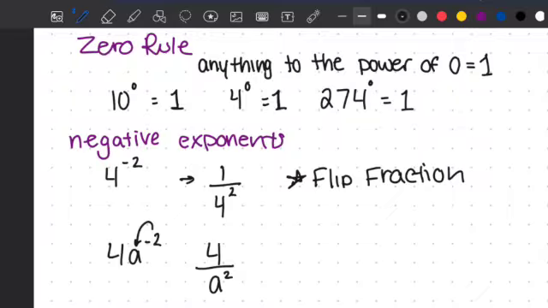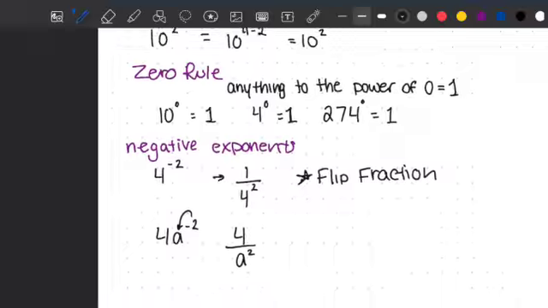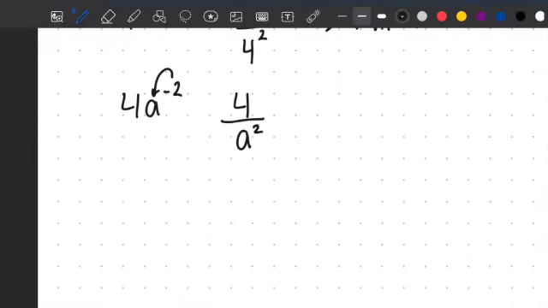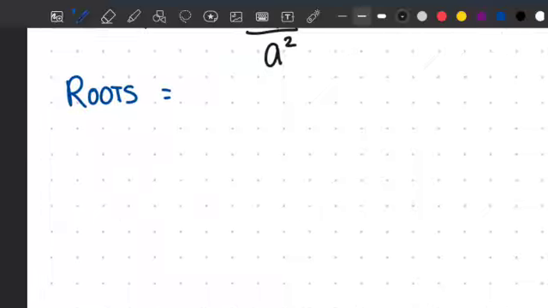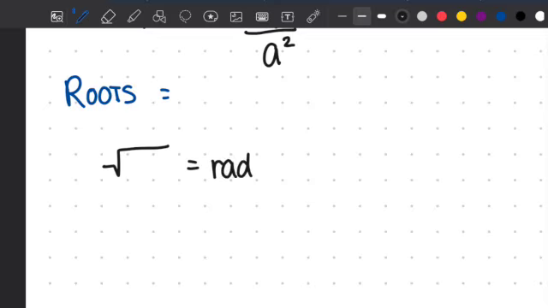Did I miss anything? Okay, that's exponents. Let's talk roots. Roots are the inverse of exponents. If I'm looking for a root, what I'm trying to do is simplify it so that I have a smaller number inside my radical.